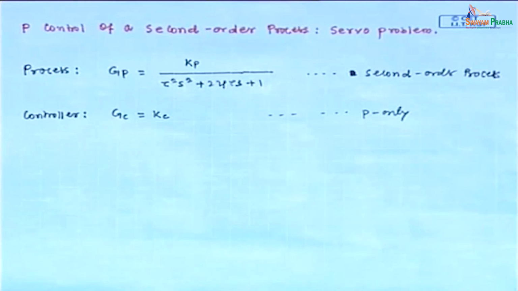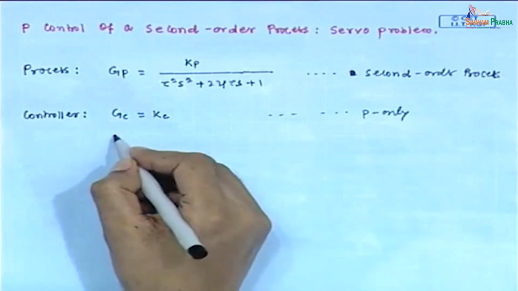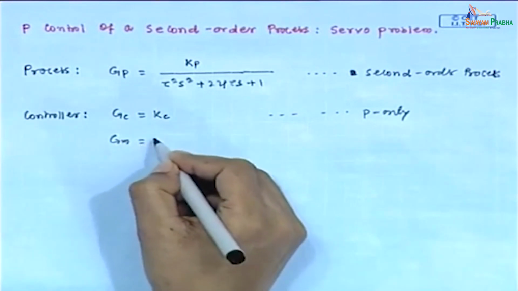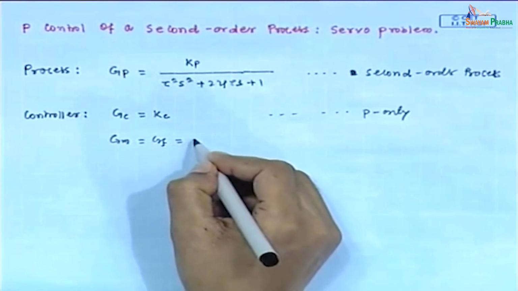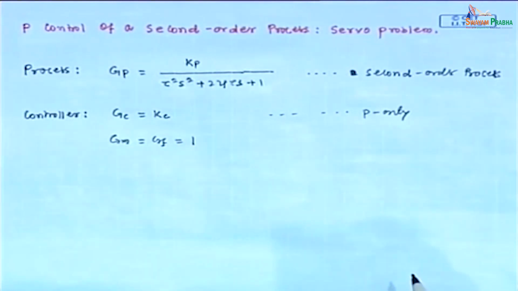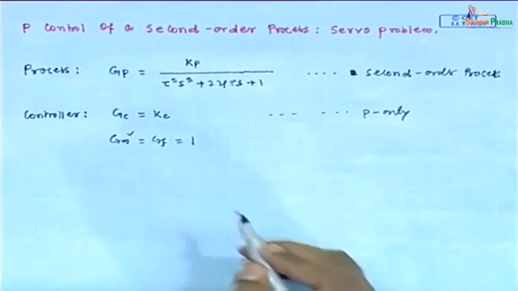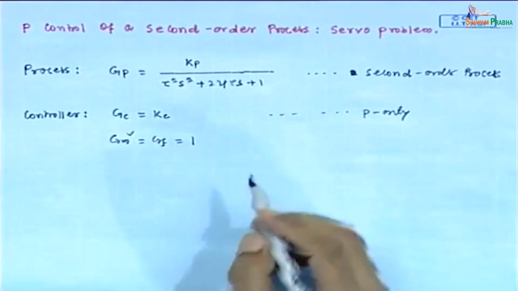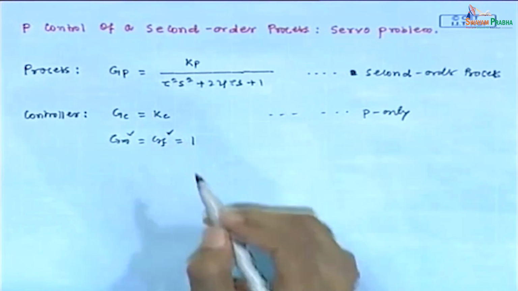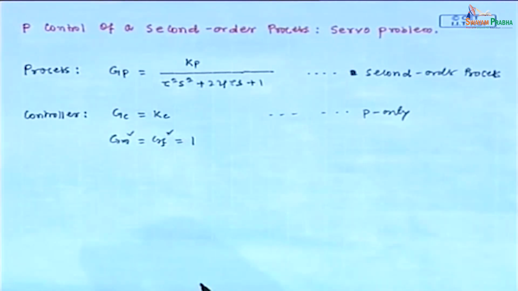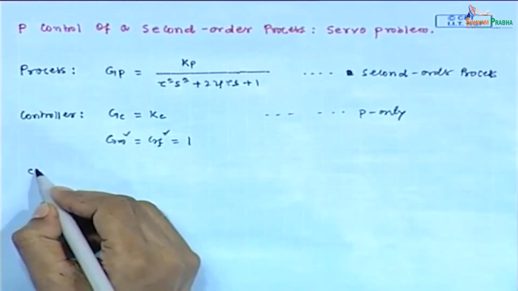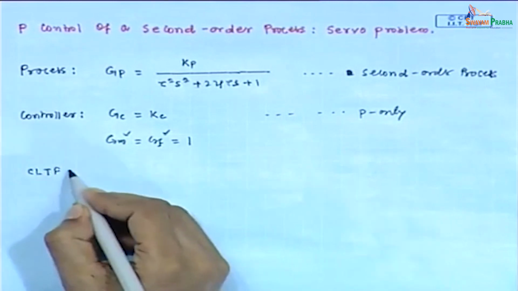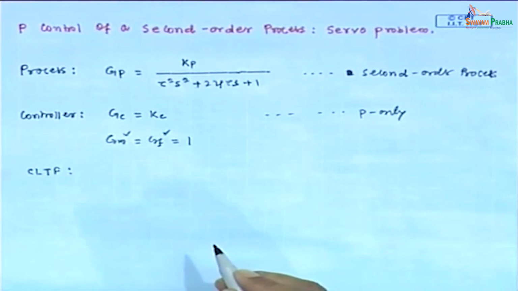For simplicity, we will consider Gm and Gf both equal to unity. The transfer function of the measuring device, Gm, and the transfer function of the final control element, Gf, are equal to 1. Now, what is the general expression for the closed loop transfer function?